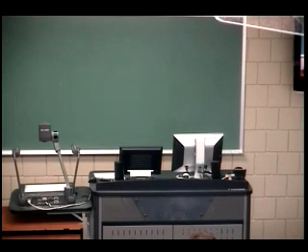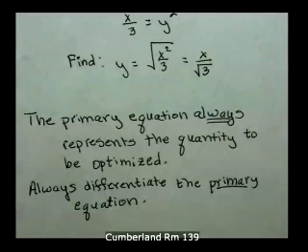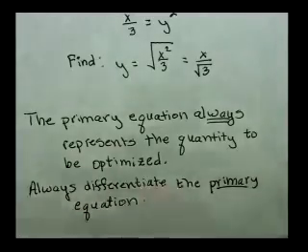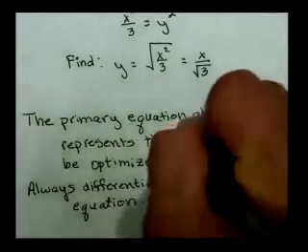Is that just when you simplify it as much as you can? Yes, that's just making life easier on yourself. Let's see. Primary equation represents the quantity to be optimized.